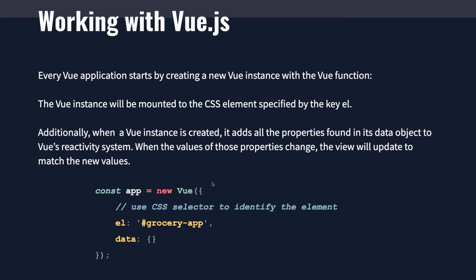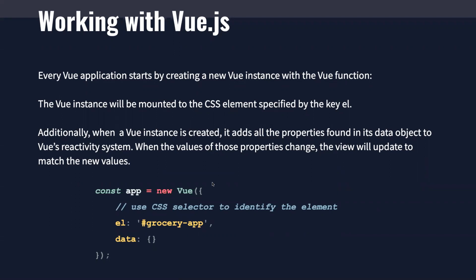Right now I just have two options. One key is called el, which stands for element. And the other key is data. When we actually start building our app, we're going to be using the methods key, and the computed key as well, so that we can get a little more dynamism in our app. But this is essentially a minimal Vue app, sort of the most basic way to create a Vue app.